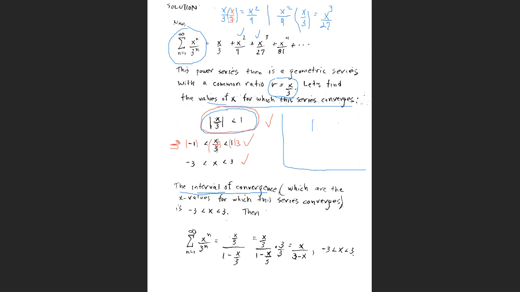Let's say that you have the absolute value of A is less than 1. Well, then what's that tell you about A? What values of A would satisfy this inequality?